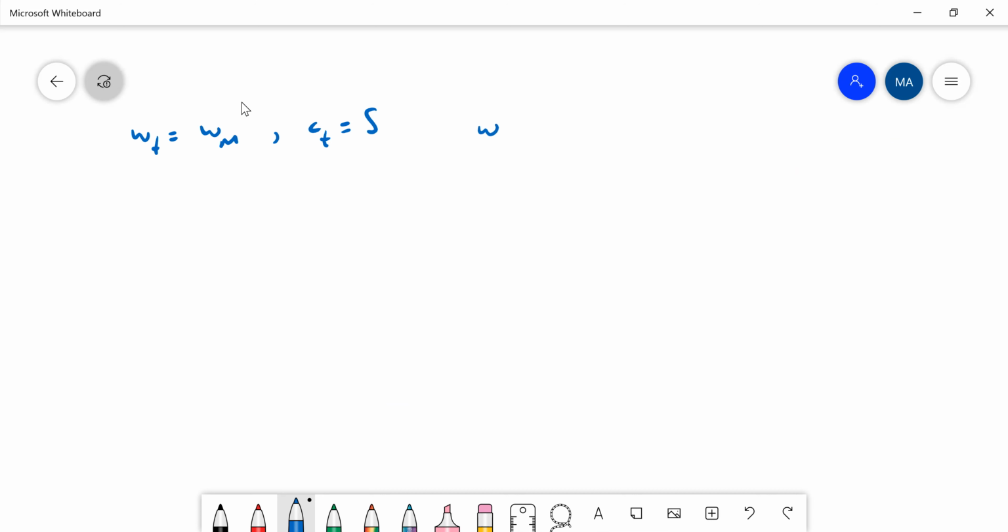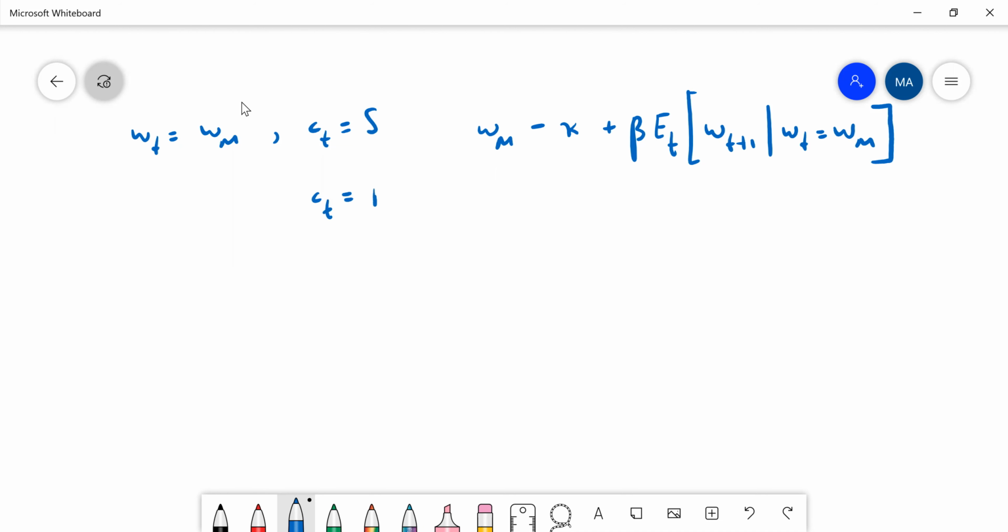I have W_M minus kappa, plus beta. Now here, I want to write the expected value of my wage conditional on the fact that W_t is equal to W_M, right? And if I do not search, then I will have again this.